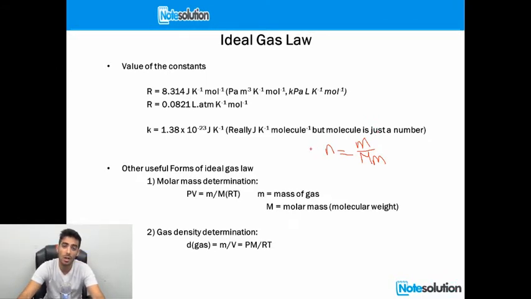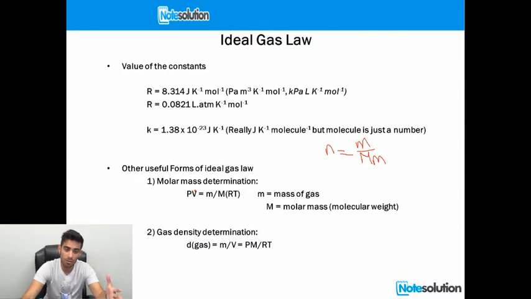So sometimes the professor might ask you a question, say, what is the molar mass of carbon dioxide, given that we have 42 grams of it? We're talking about a gas. The volume is this much, the pressure is this much, and the temperature is this much.